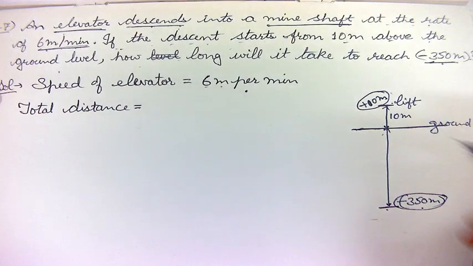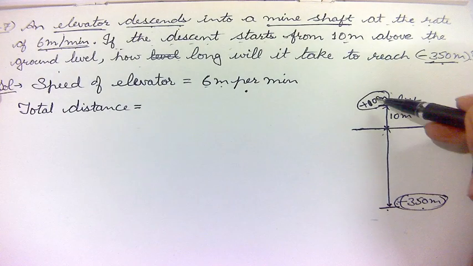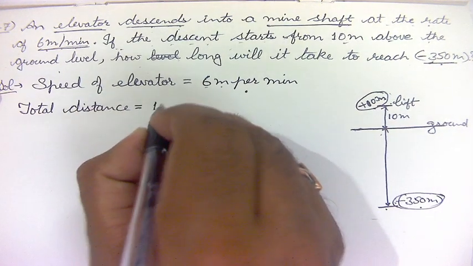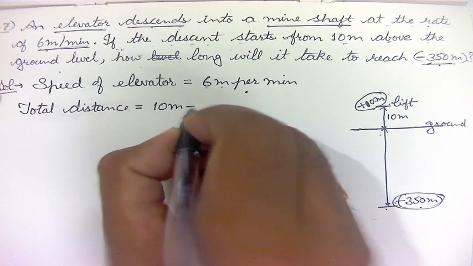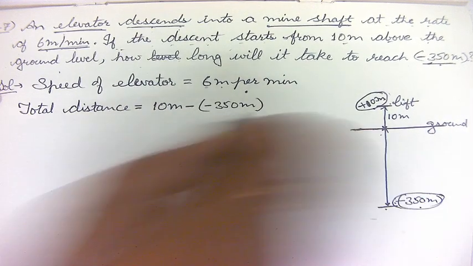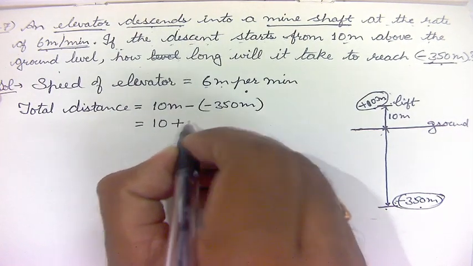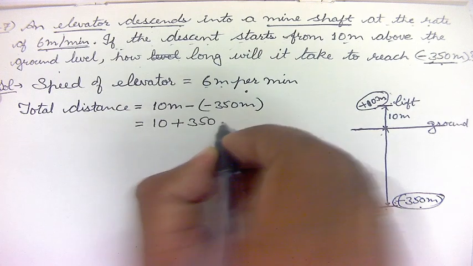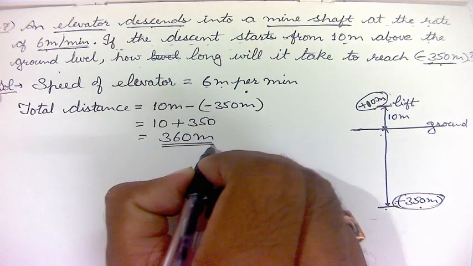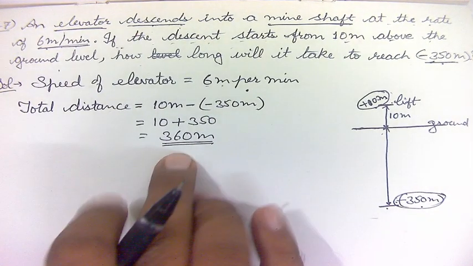Total distance is the difference between these 2 points. You take the difference between these 2 points, that will give you the total distance. So it is 10 meter minus -350 meter. So this becomes 10 plus 350. That is 360 meter. So this is the total distance.